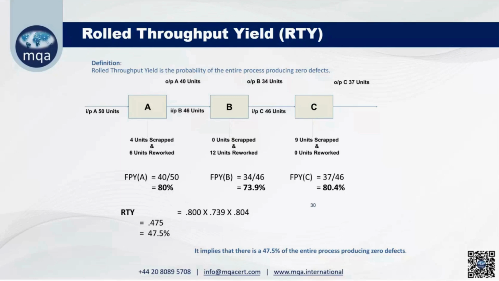And when we calculate yield for a complete company, suppose a company has three processes, A, B, C, we calculate first pass yield for one, first pass yield for the second, first pass yield for the third, and then we combine all of these.